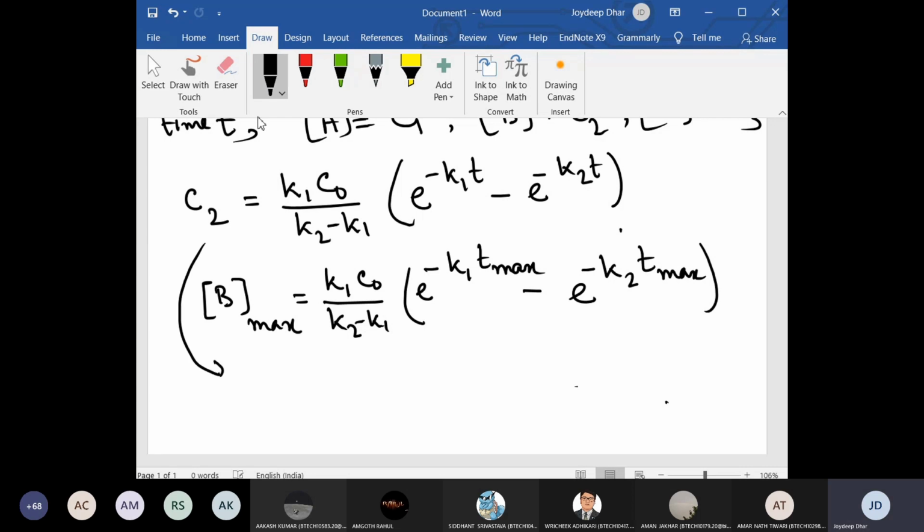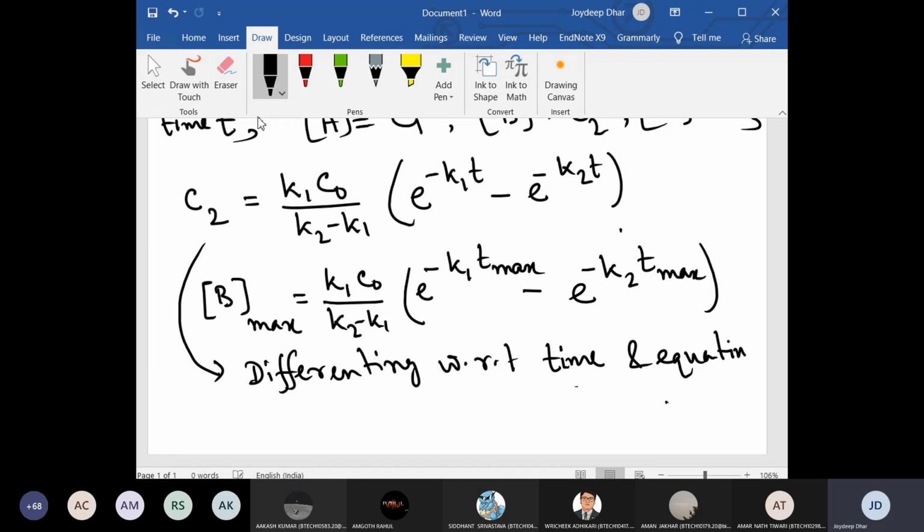So I have to differentiate this equation with respect to time. So differentiating with respect to time and equating to 0, we have to get the value of t.